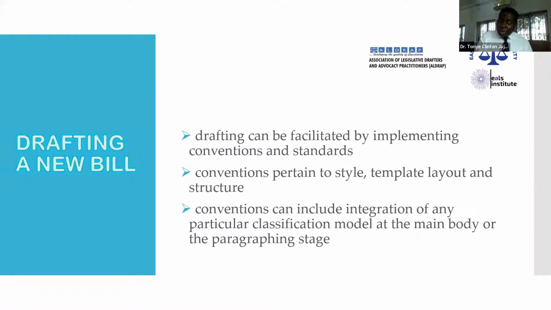In Canada, as at 1989, they have what they call the Uniform Drafting Conventions, because Canada has different provinces. They have English speaking, they have French speaking. So in 1989, Canada came together and produced a manual called the Uniform Drafting Conventions for legislative drafting.